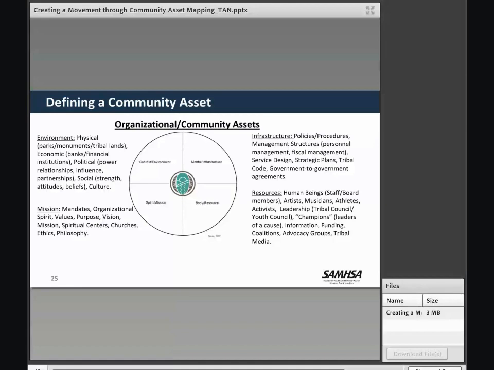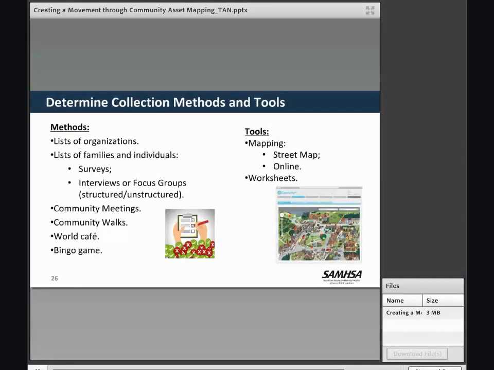And in resources, human beings, so artists, musicians, athletes, activists, tribal leadership. Those are champions, leaders of a cause. Advocacy groups and tribal media could be in here. And then in the mission quadrant, mandates, organizational spirit, values, purpose, and the philosophies that we use.